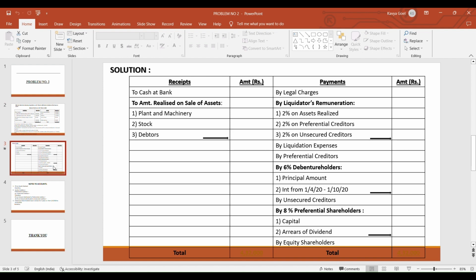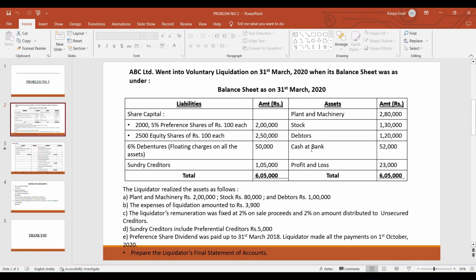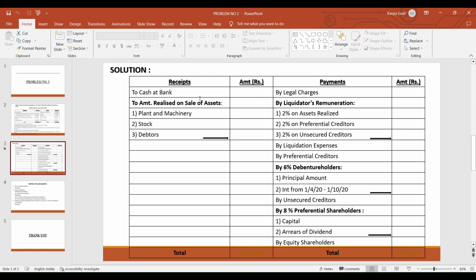So on the receipt side, first is cash at bank. So cash at bank, we have 52,000. So cash at bank we will write 52,000. Okay, and the second is the amount realized on the sale of assets.